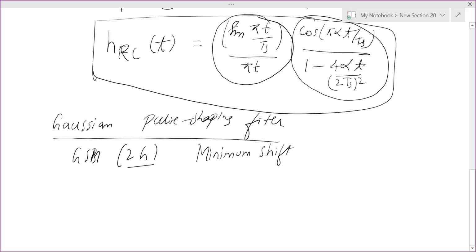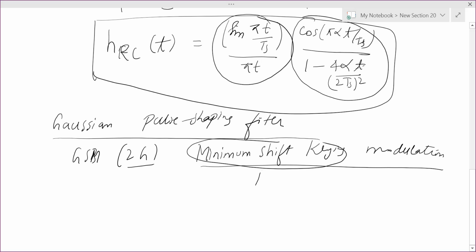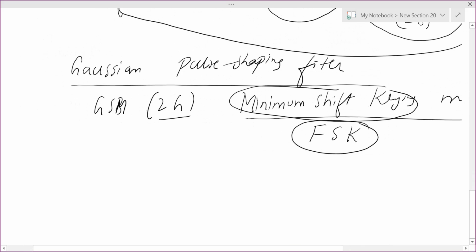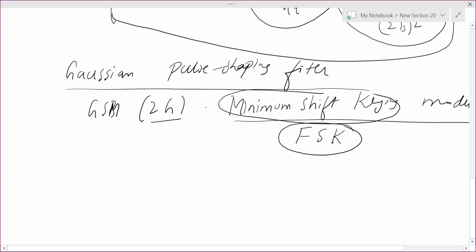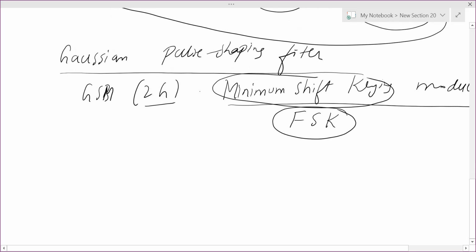Minimum shift keying modulation. For the time being, you can just take minimum shift keying as a frequency shift keying modulation technique. In GSM, we are using frequency shift keying along with the shape of the pulse being shaped by the Gaussian pulse shaping filter.